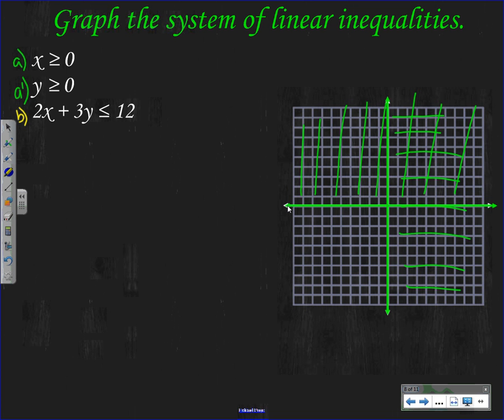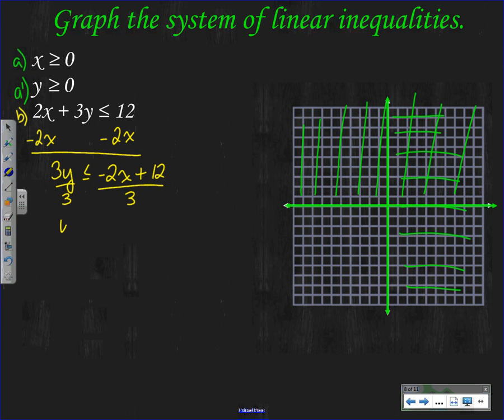Now, usually it's not that easy because you have to put all 3 of them into slope-intercept form, like we're going to do here. So I get 3y is less than or equal to negative 2x plus 12. Divide by 3. And y is less than or equal to negative 2/3 x plus 4, where my slope is negative 2/3, and my y-intercept is 4, and I have a solid line again.